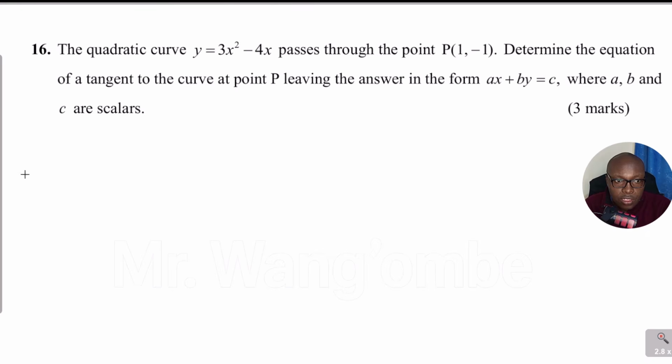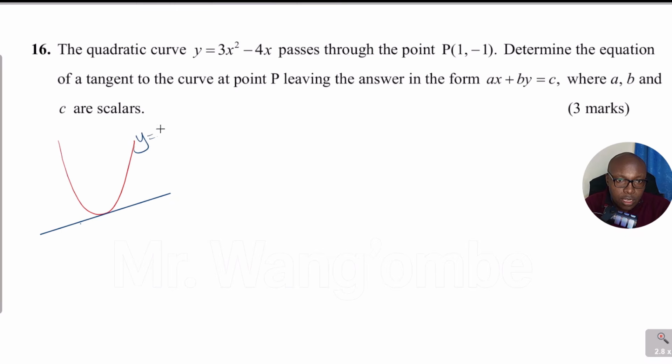Now I'll just solve the question through sketching. Let's say this is the curve that you have, and you are required to get the equation of the tangent to the curve. Let's say the tangent is there.